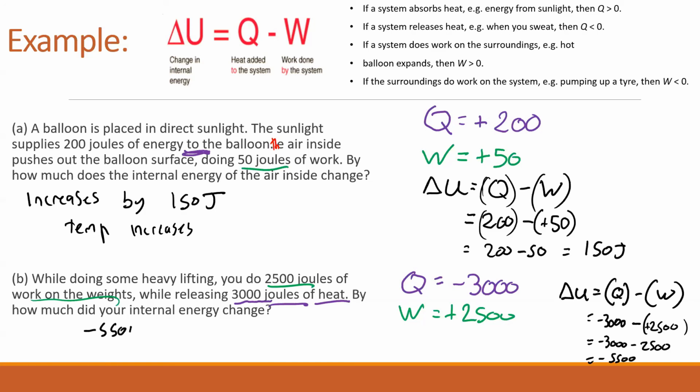Negative 5,500 joules is our change in internal energy, which means the temperature is going to decrease. So that's how you do these types of questions.